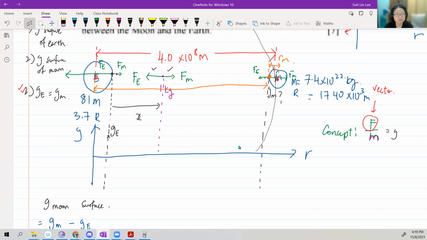Okay, that means we can measure from here to here. So this means here to here will be 4.0 times 10 to the power of 8, the whole thing minus X.